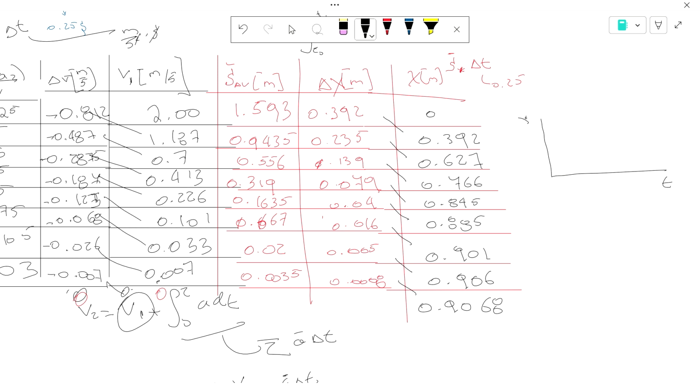All right, so if I did that correctly, we would have a graph such as time here in seconds, x here in meters, and then 0. So we have 0.25, 0.5, 0.75, 1. We have that at 0 is 0, so that's good. Then at 0.25 is 0.39.